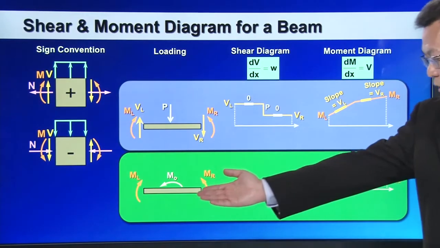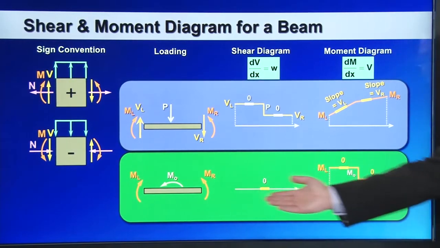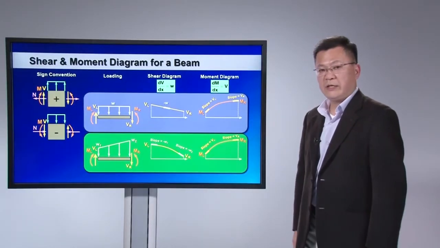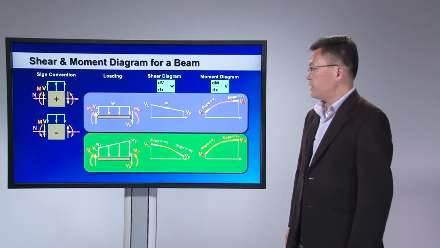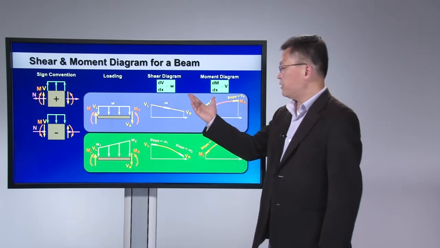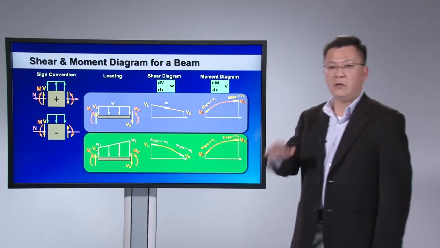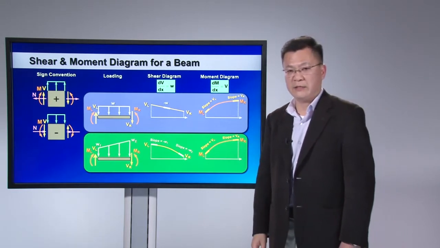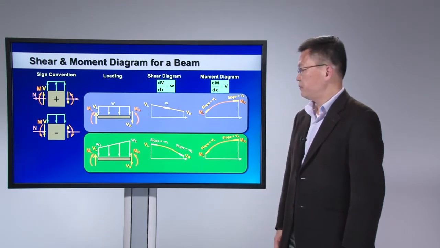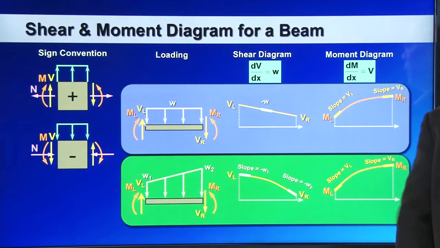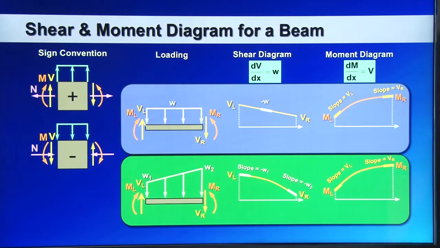So we can have a similar approach for the concentrated moment. If you look at the two equations closely, you will find that mathematically they tell you that shear force is always one order higher than the external distributed force. So for instance, if the distributed force is 0, then the shear force is a linear function, one order higher.